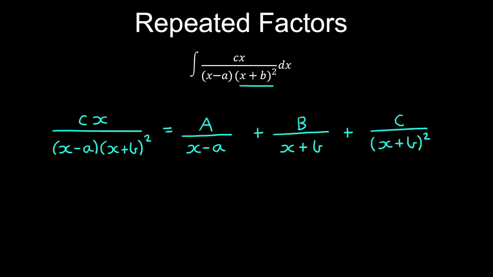So effectively we decompose the integrand into the sum of a constant on a distinct linear factor, and for the repeated linear factor we have a constant on the power of each factor. So b on x plus b and c on x plus b squared. And now we can follow the same procedure by multiplying through by the factors in the denominator, so we obtain the following expression.